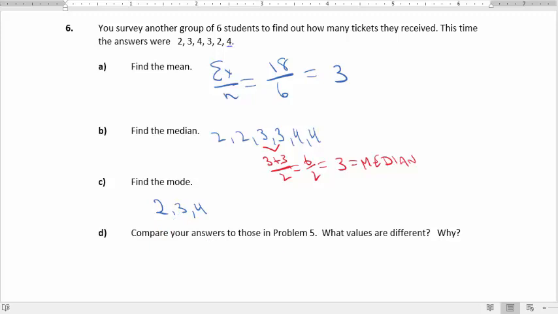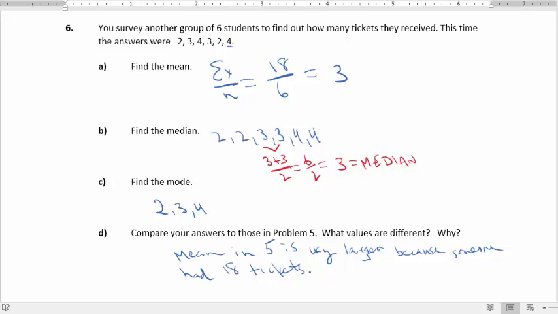And then the idea about part D is that the big difference occurs, of course, in the mean. The mean in number 5 is way larger. The reason it's way larger is because someone had, what was it, 18 tickets.